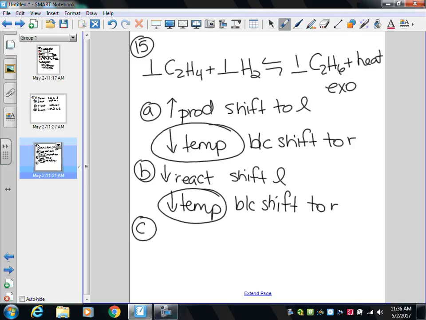Alright, C. Increase the amount of hydrogen in the system. Hydrogen is a reactant or a product? Courtney. Reactant. So which way is it going to shift then, Melissa? So then what am I going to do with my temperature? Increase it or decrease it, Theo?